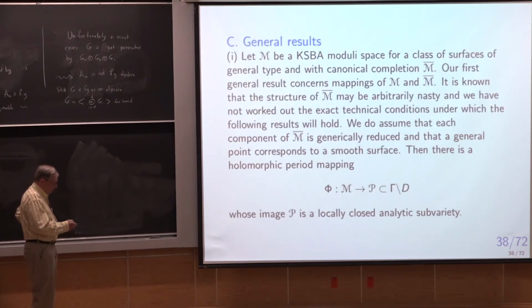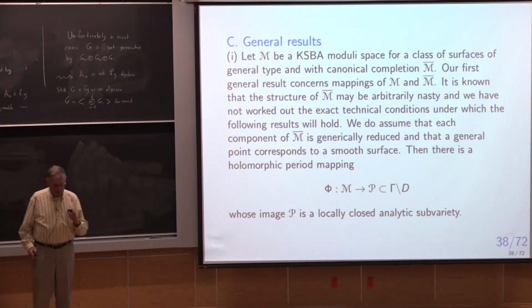So it was known classically that the image of this mapping is a compact analytic variety. I should mention, what about these D by gammas? Classically, one used automorphic forms, things like that, to study them.